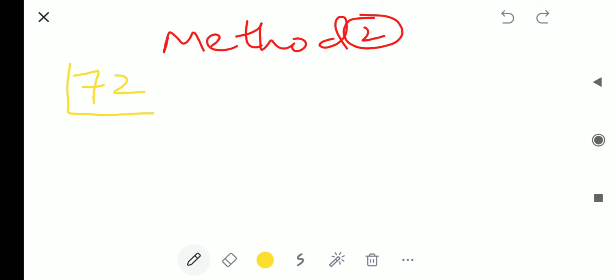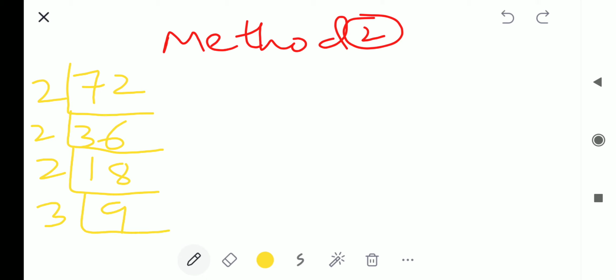So 72 is divisible by 2. 2 36s are 72. Next 2 18s are 36. Next 2 9s are 18. Next 3 3s are 9.